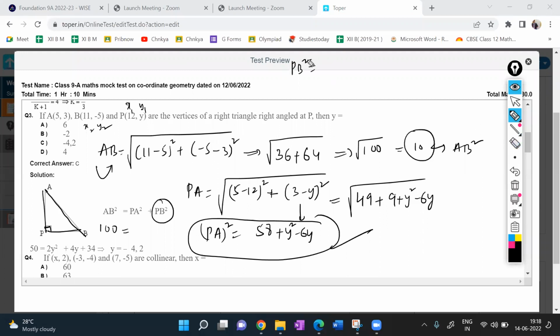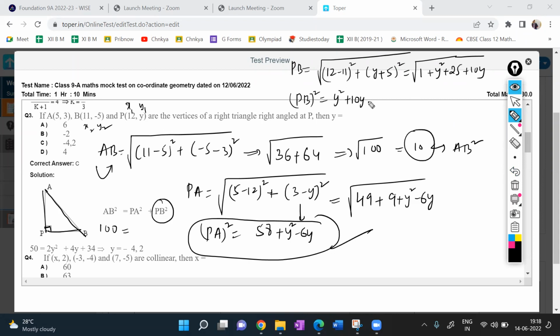So for PB, square root of x2 minus x1 whole square: 12 minus 11 whole square plus y minus minus 5 whole square, that is y plus 5 whole square. So what are you going to get? 1 plus y square plus 25 plus 10y. We need PB square, so in order, PB square is y square plus 10y plus 26. Any doubts?